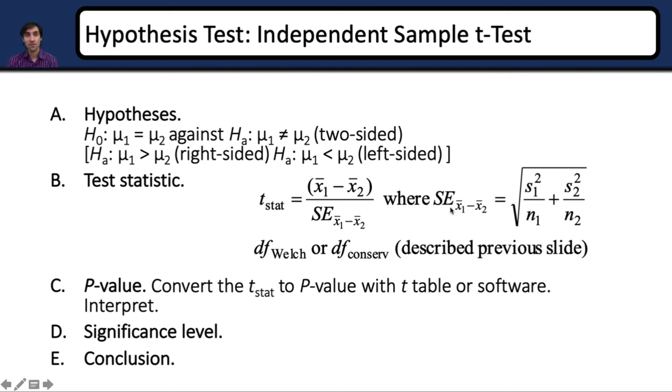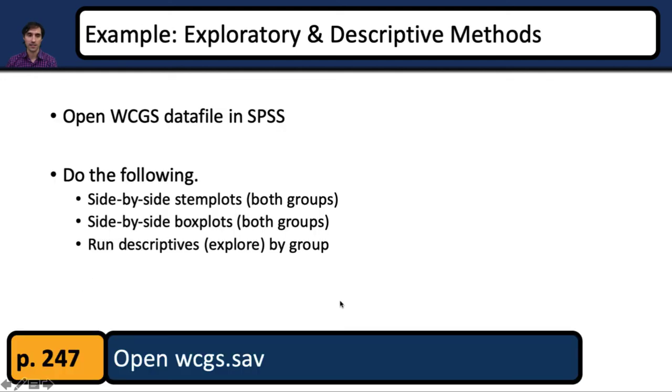Fortunately, it's fun, but we have calculators and computers. So we're going to convert that t-stat to find the p-value within our software, and compare it to our significance level.